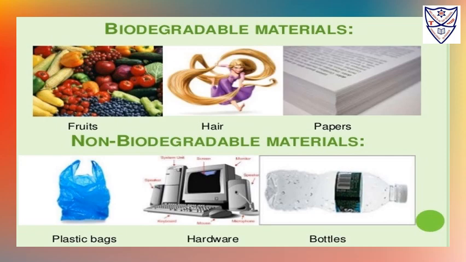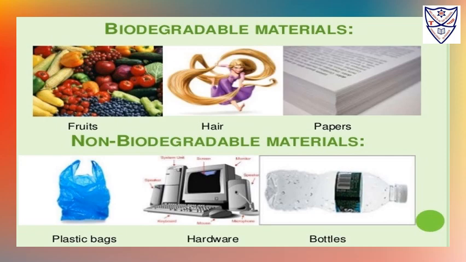Biodegradable waste results from the use of products that come from plants and animals. These wastes can be food, paper, and manure. Non-biodegradable substances cause harm to the environment because they cannot be broken down into non-harmful substances.